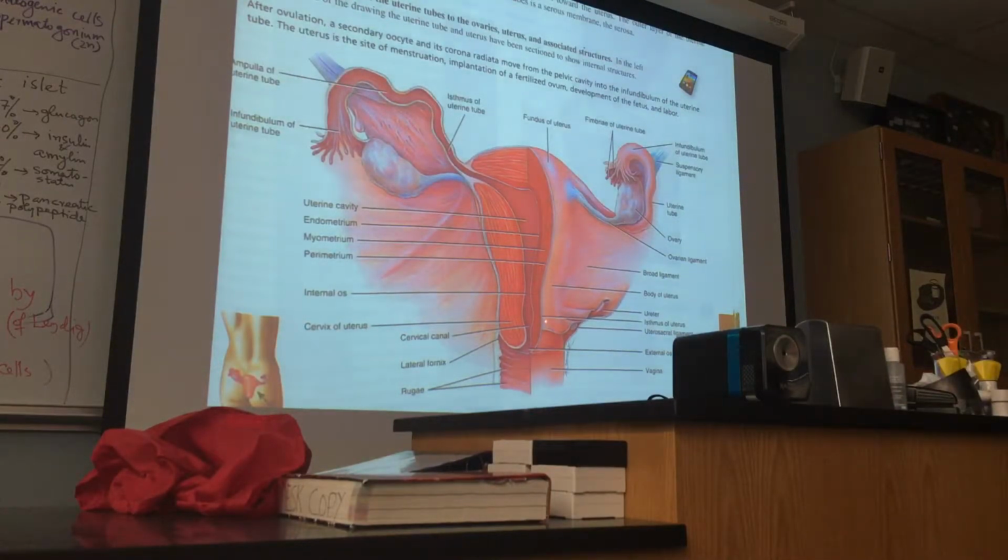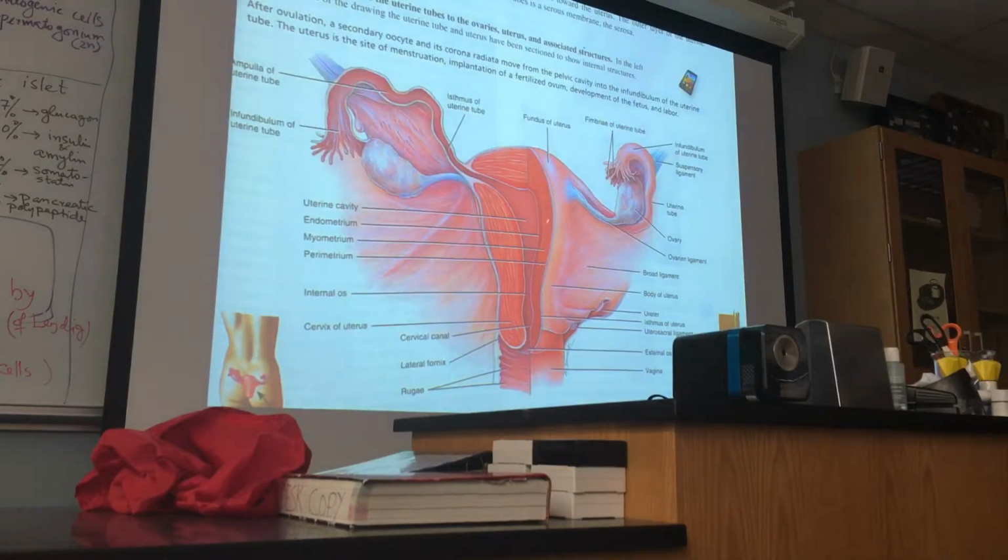There are 3 layers: perimetrium, myometrium, smooth muscle. Myometrium forms the bulk of the uterus, and then inner lining, inner is endometrium. It is the endometrium, a portion of which is sloughed off regularly and carried away by the menstrual flow.